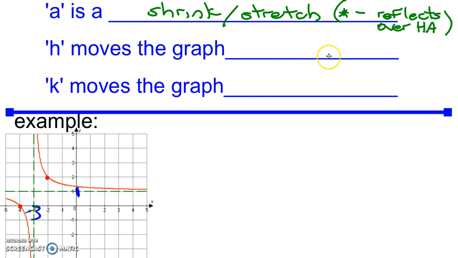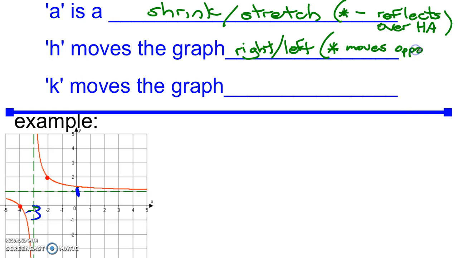The value for h, that's the one in the denominator with the x. This moves the graph left or right. And just like it has worked for all the functions you've studied since 9th grade, you will find that that one does the opposite of what the sign is in the problem.